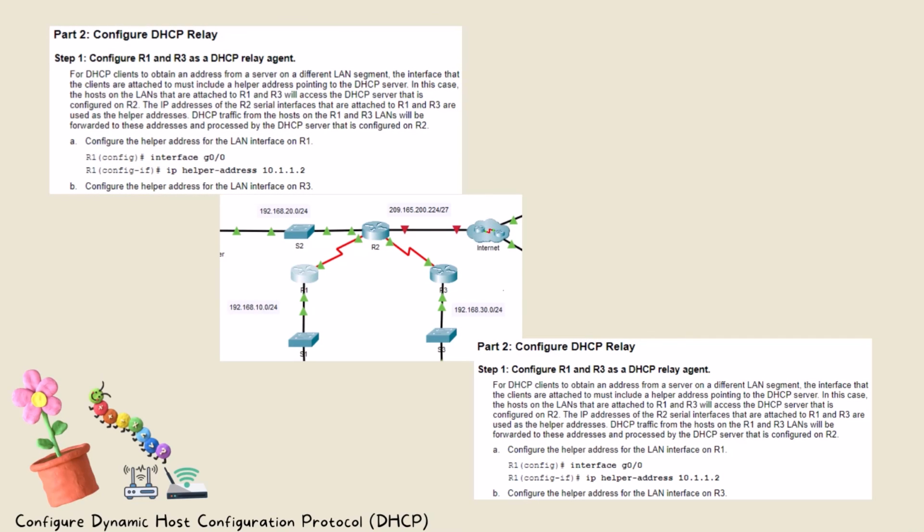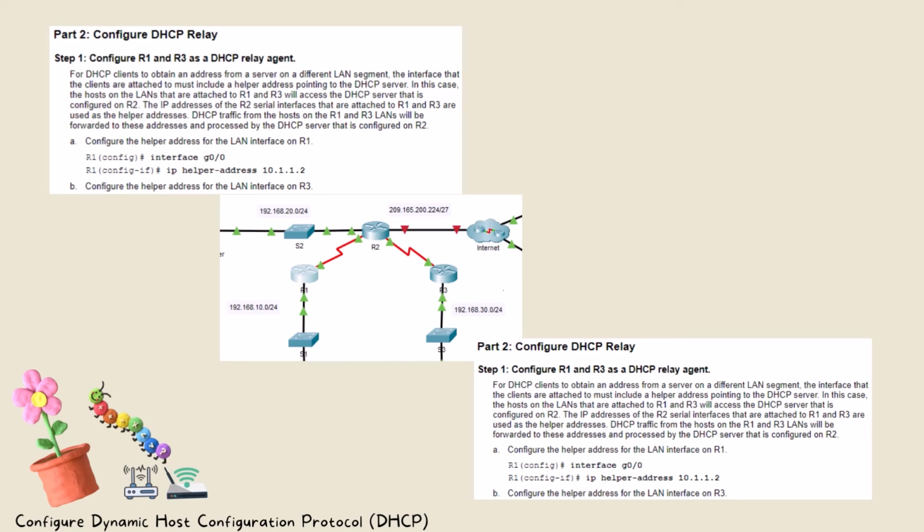Next, part 2, configure DHCP relay. A DHCP relay agent is a host or router that forwards DHCP packets between client and server. Step 1. Configure R1 and R3 as a DHCP relay agent.